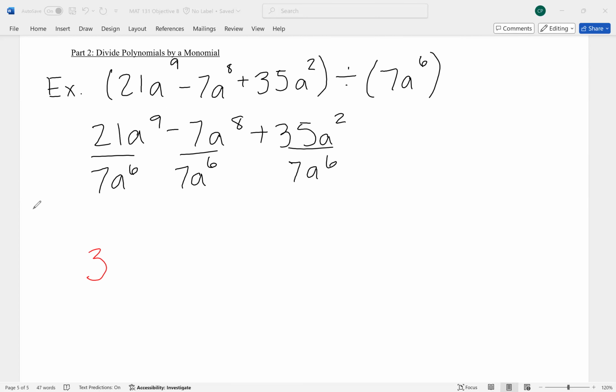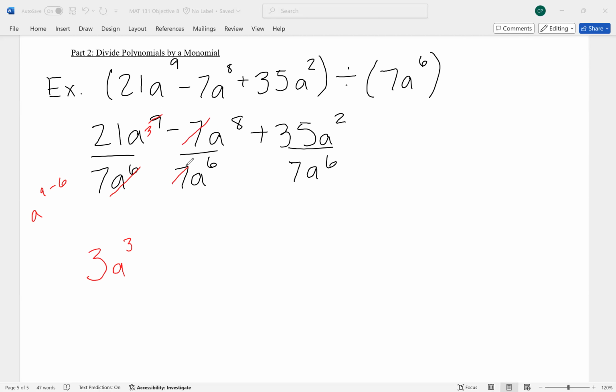We can subtract those exponents and get a cubed, okay? Or you can think about if we get rid of 6 from the top and the bottom, we'll have 3 left in the top. For the next one, we got negative 7 over 7.